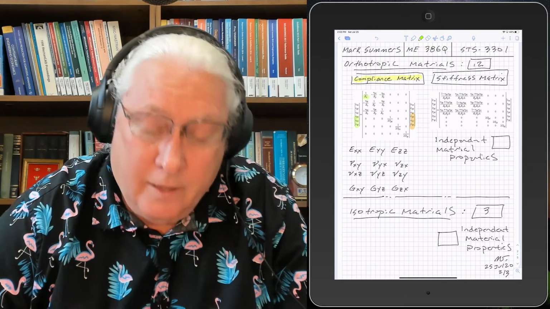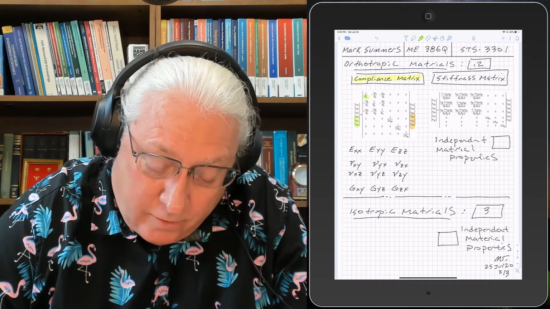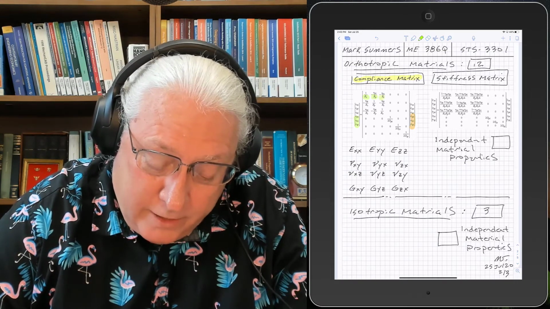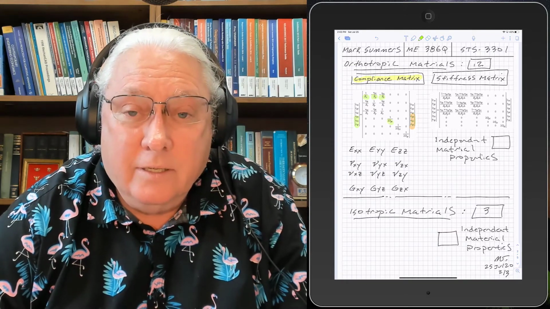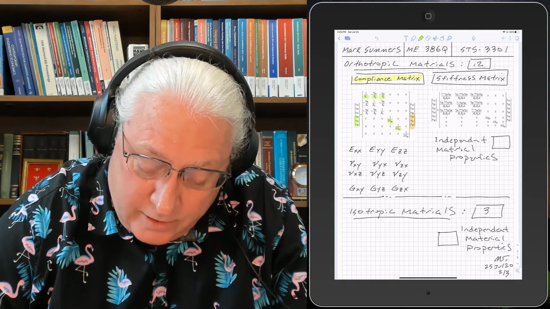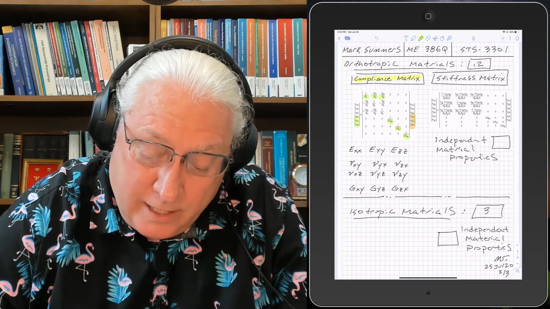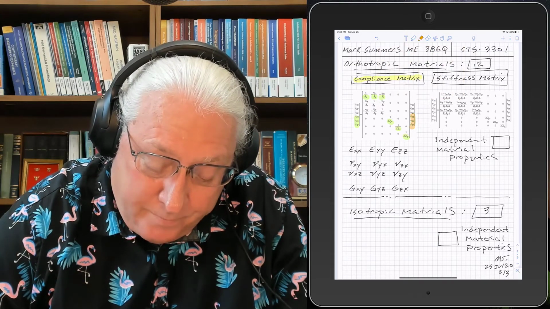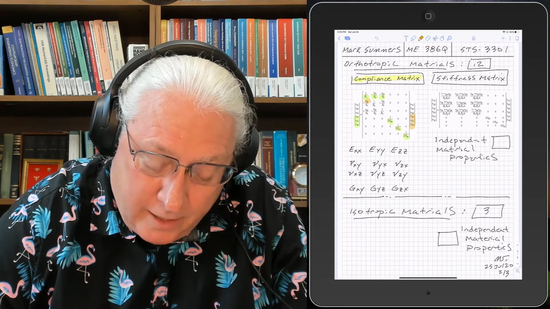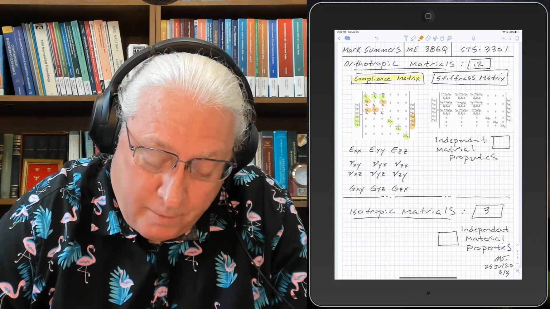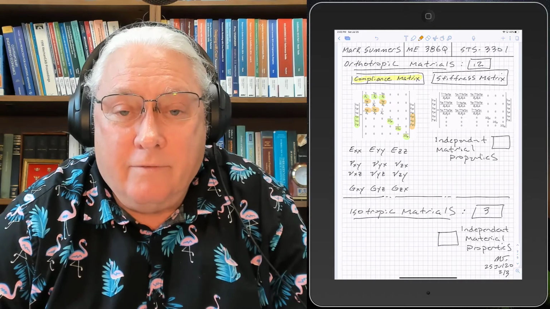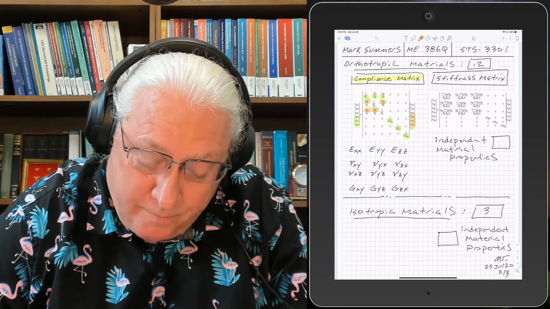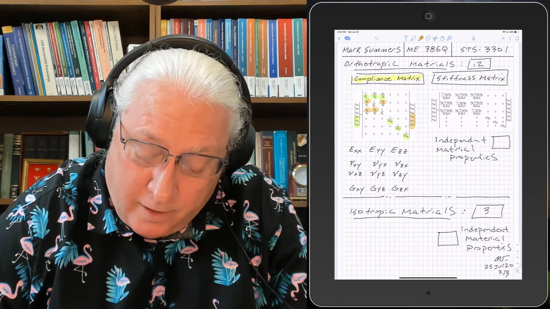So there's Young's modulus in the x direction, there's Young's modulus in the y and z directions, and I've also got shear modulus in 3 directions, and then the rest of these are the Poisson ratios up here. And so that's just matrix form of the compliance matrix for a general orthotropic material.